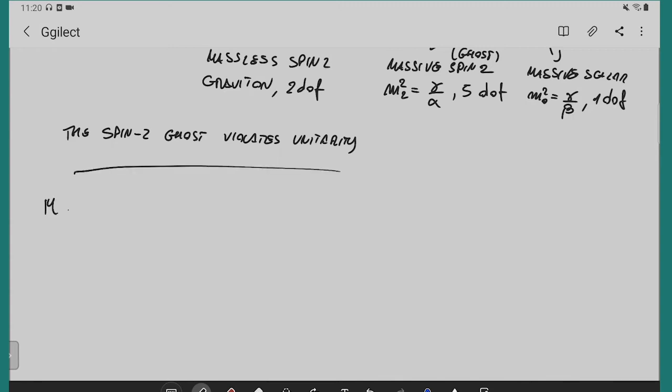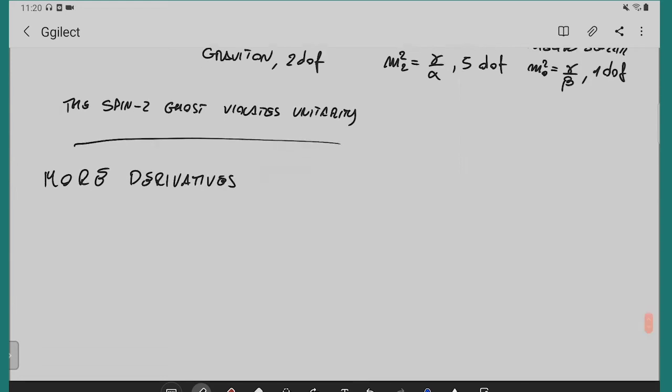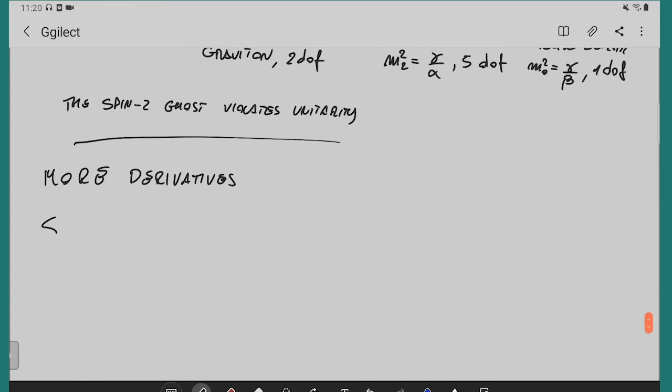So what about more higher derivatives? You can write a more general action of quantum gravity.